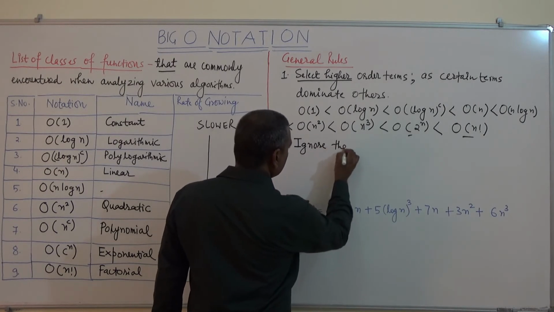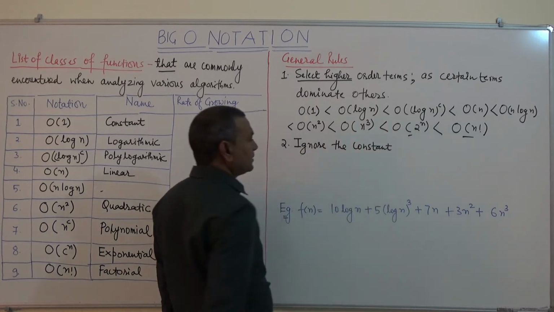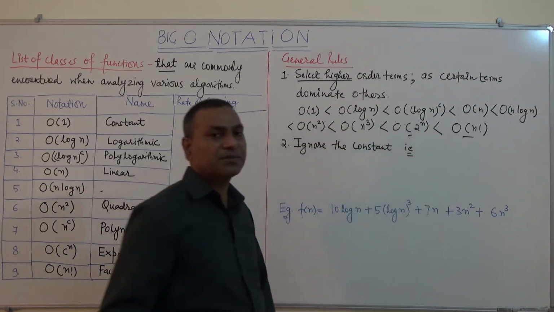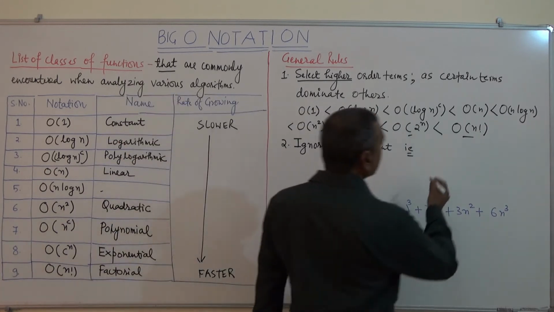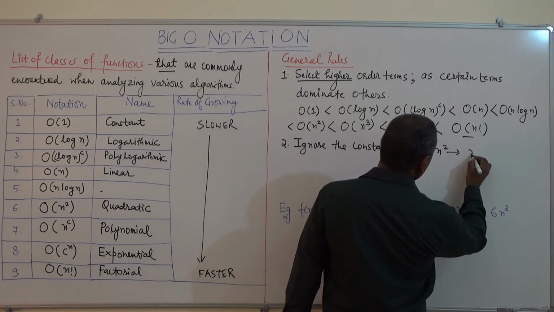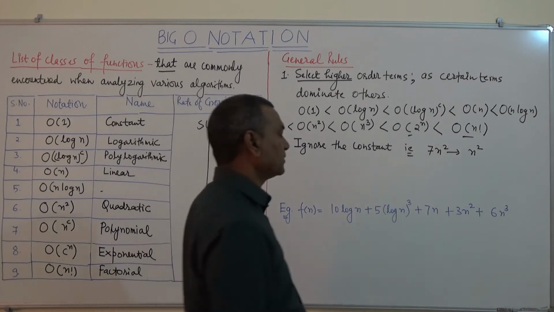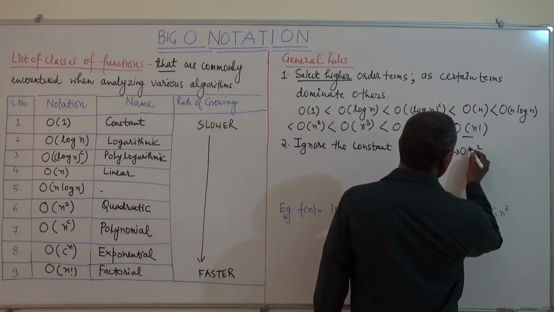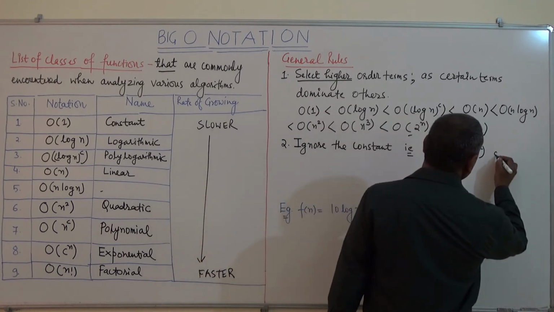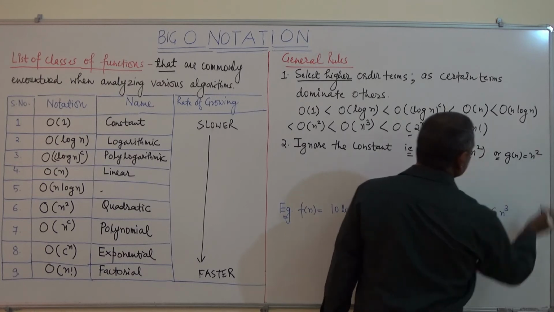Ignore the constant. That is to say, suppose the higher order term is 7n square, let us say this is n square, it means it will give n square. Or we can say this is big O of n square, or Gn is n square.